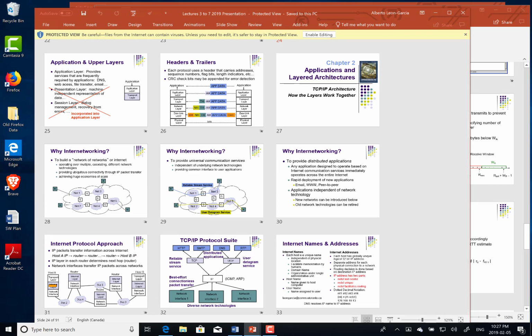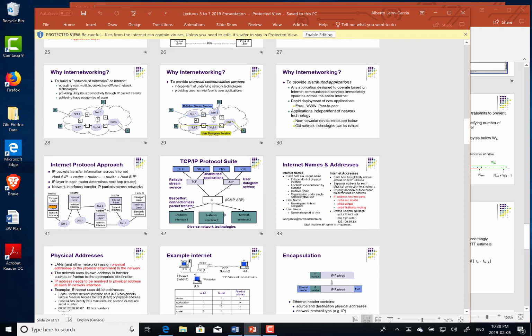The next section showed how all of these layers come together in the context of the internet. We explain how the internet works, and how the two services, the reliable stream service of TCP and the datagram service of UDP, enable many, many different types of applications.